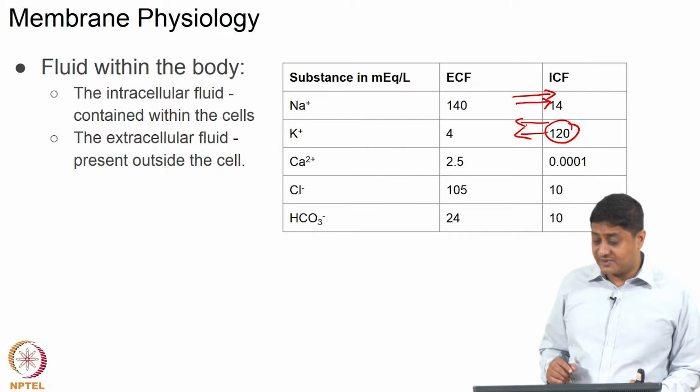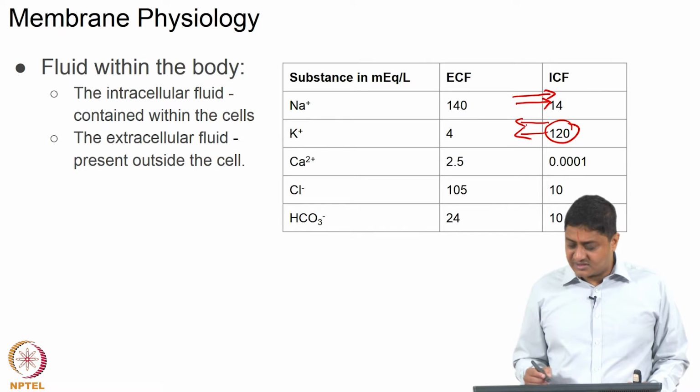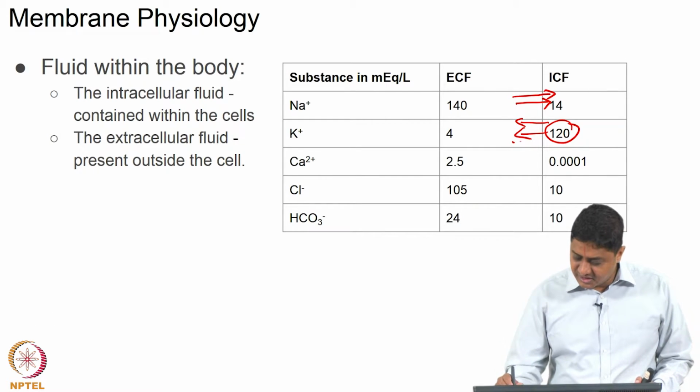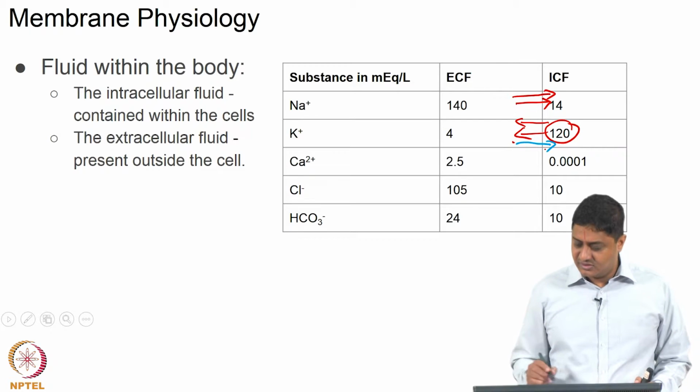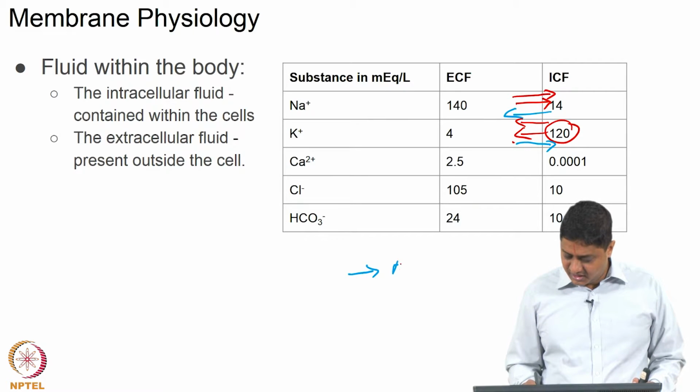This is what you would expect, but in some cases there is a need for transport to happen in the opposite direction. I am using a different color just to show that the transport direction is against the gradient. This color means against the gradient, is it not?